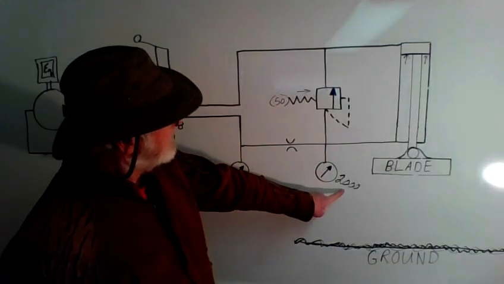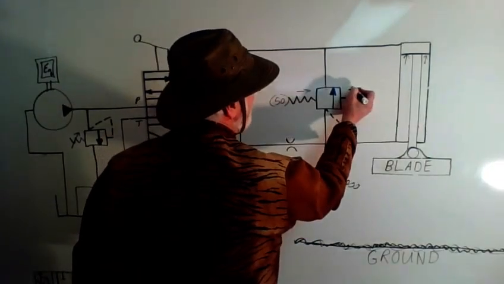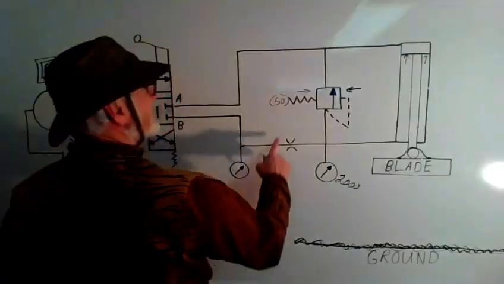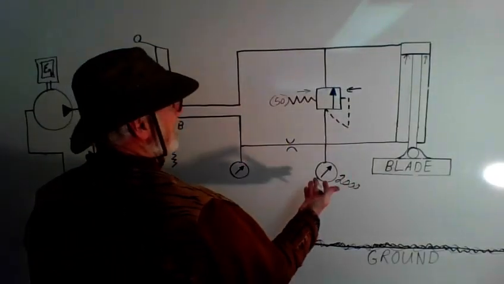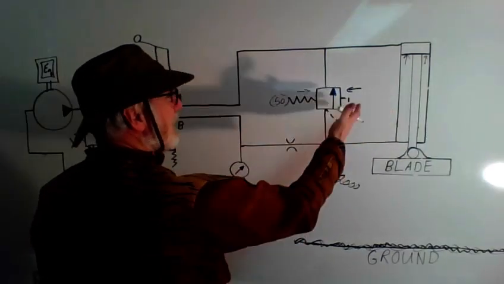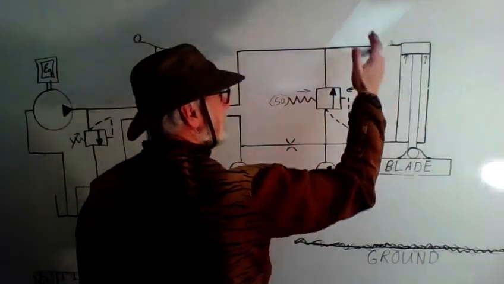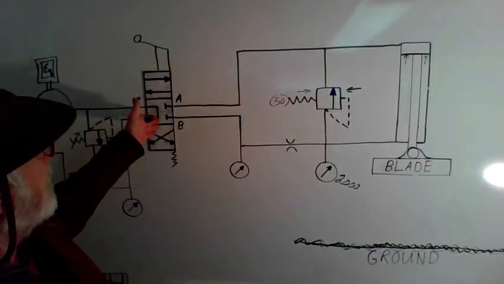Well, if it takes 2000 psi, then I have 2000 psi working this way to open this plunger, and I really only have a 50-pound spring. That would say logically that the 2000 psi should win against the 50-pound spring, and that would shuttle open, and the blade would fall to the ground even when I want to try and hold the blade in the air.